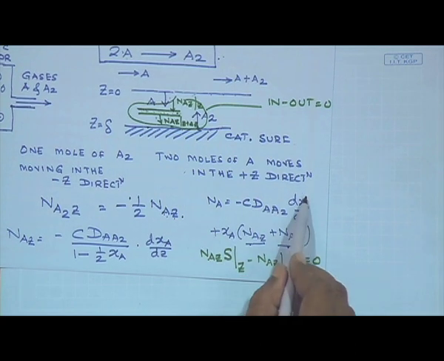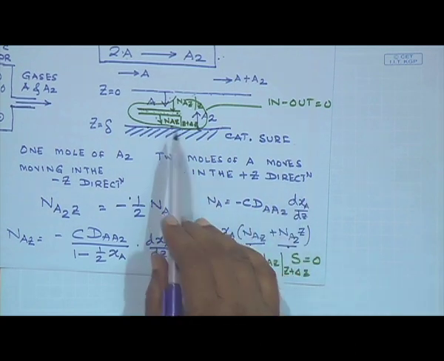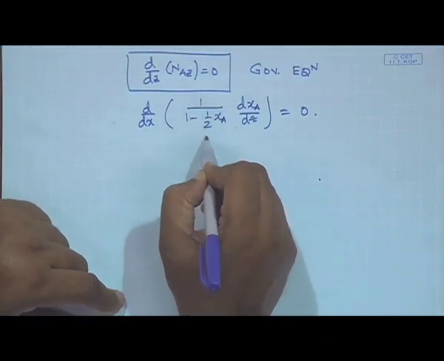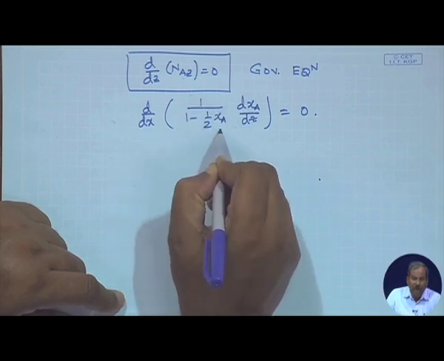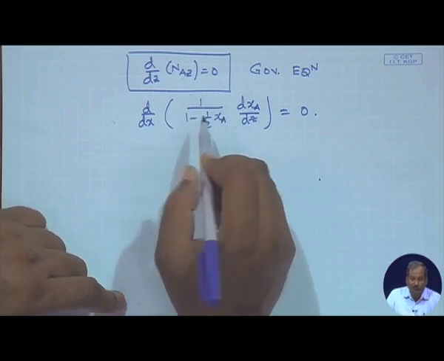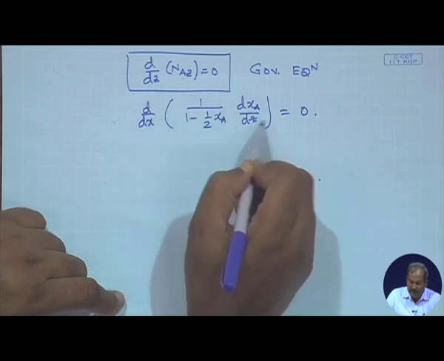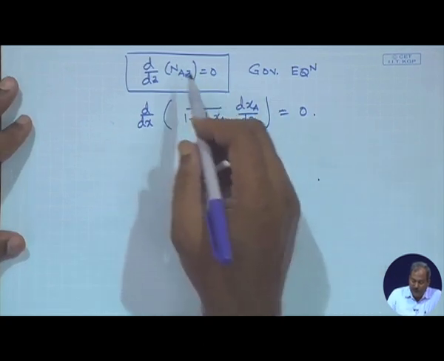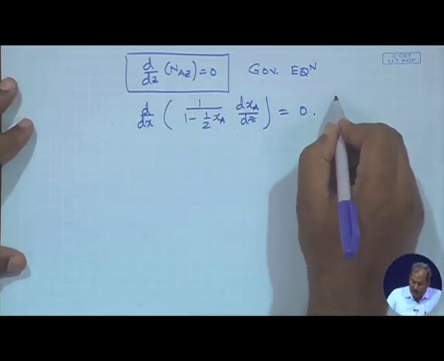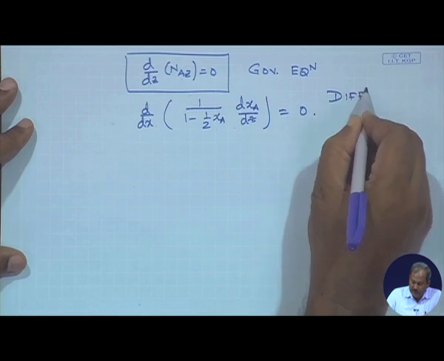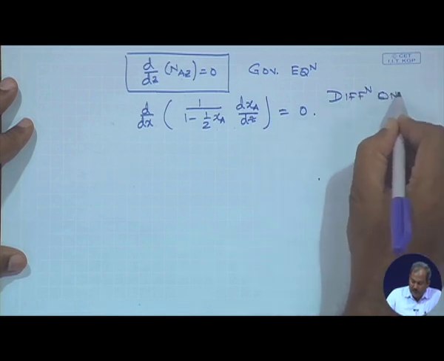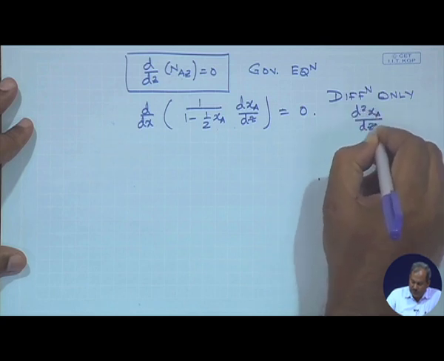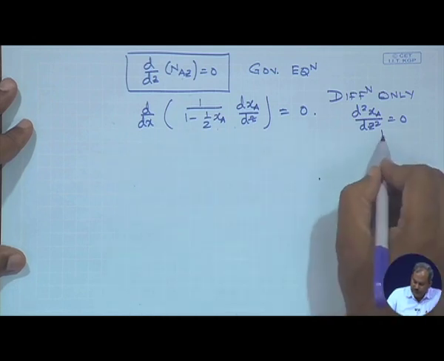So, if A is reaching the catalyst surface by a diffusion only process, then in your governing equation this entire term 1 by (1 minus half x_A) would not be present. So, you would simply get d2x_A/dz square equal to 0, and you would get a linear profile of A in such a system. So, for a diffusion only case, this equation would get transformed to d2x_A/dz square equal to 0, and this can be solved.